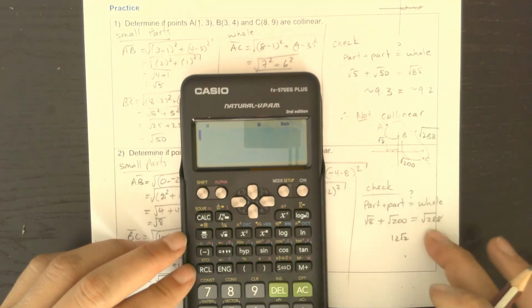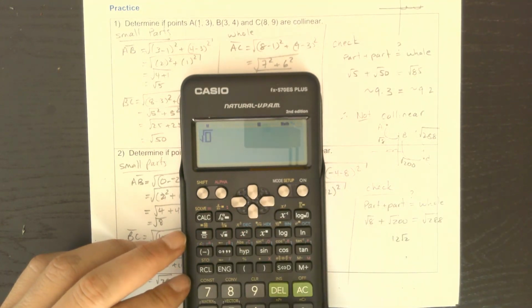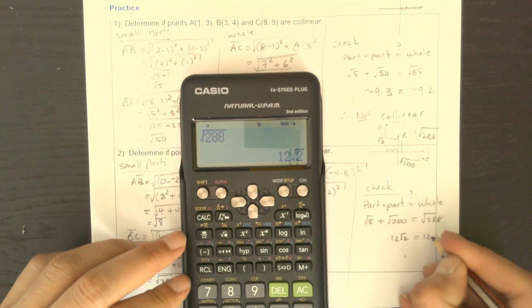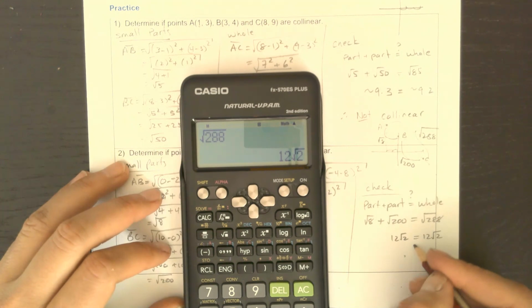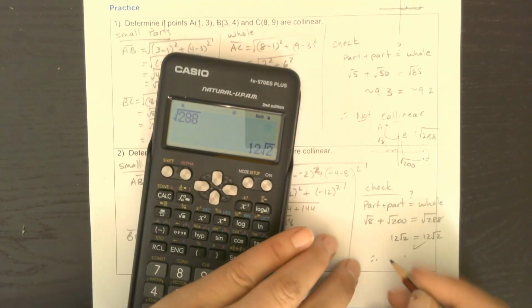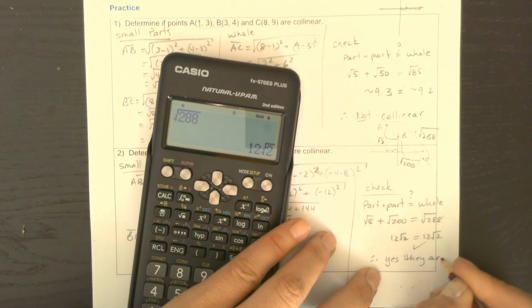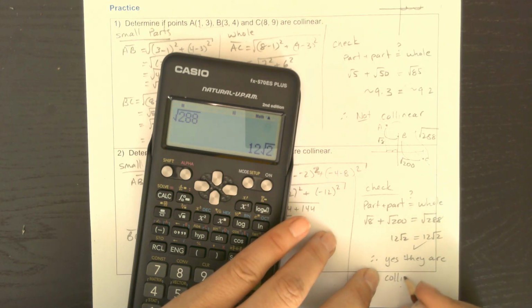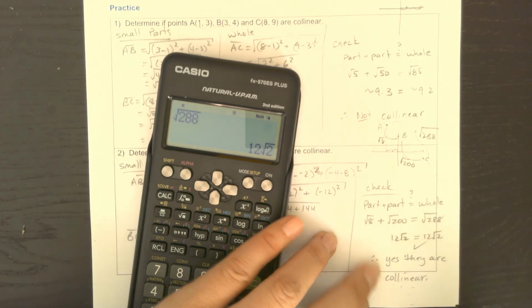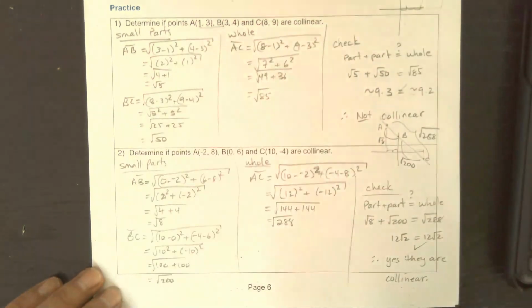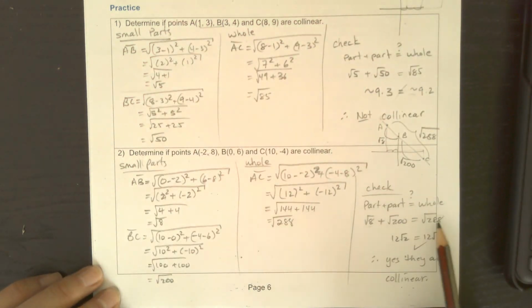And let's do root 288. Ooh, look at that. They're the same. So, therefore, we know they are collinear. So they're all on the same line because the two parts, when I add them together, it's equal to the whole.